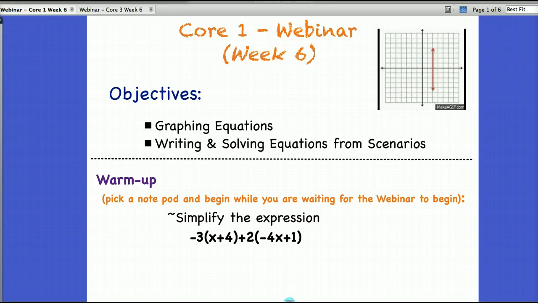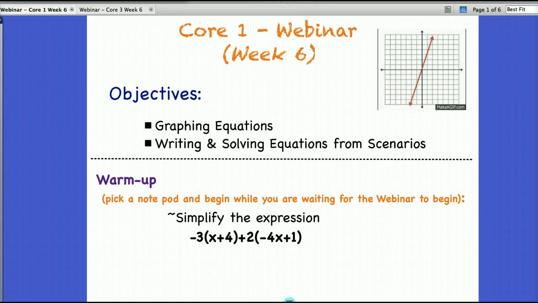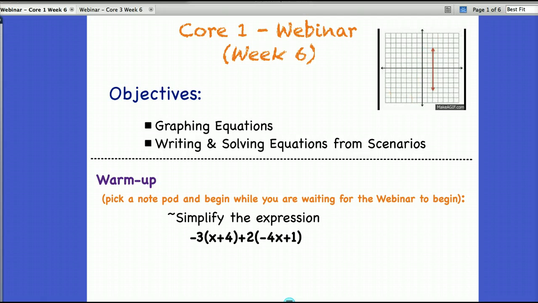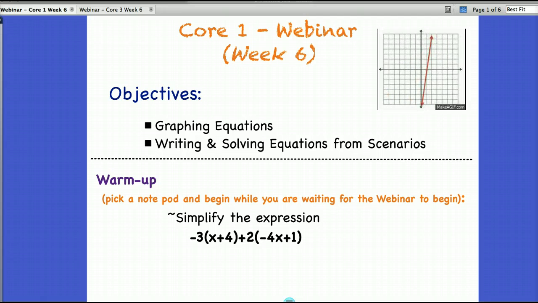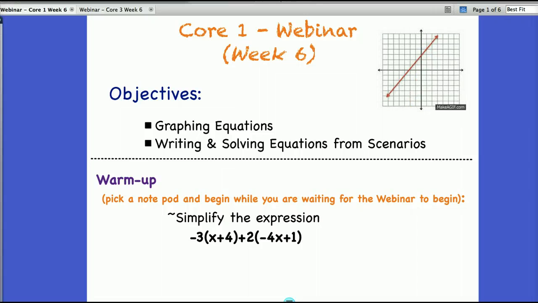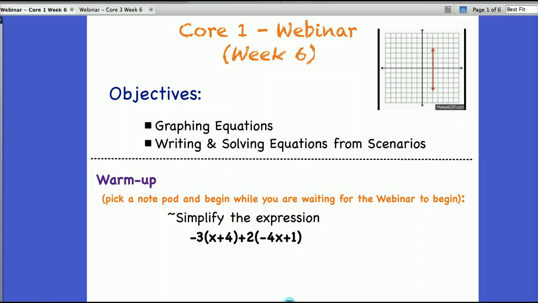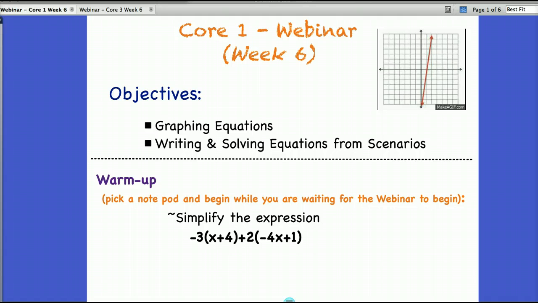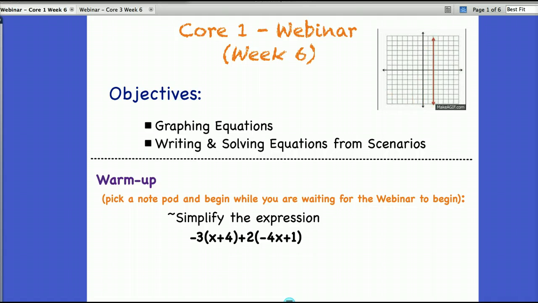That's 24 times... I just added the total. Okay. So on yours, you did the distributing of the negative 3 times the 4 and the 2 times the 1 perfectly. But then you just want to make sure to do the negative 3 times the x, and then the 2 times the negative 4x. I think that's where you left off.